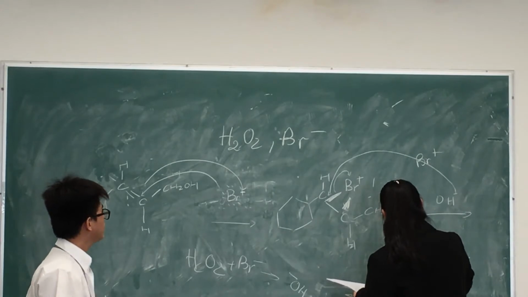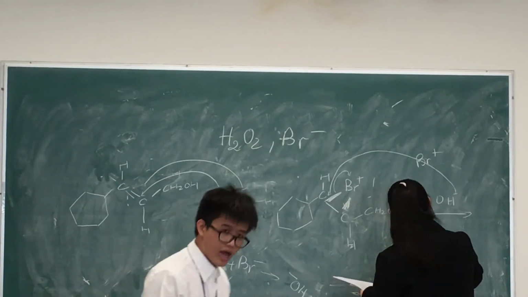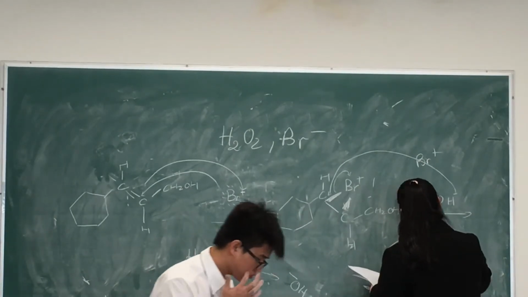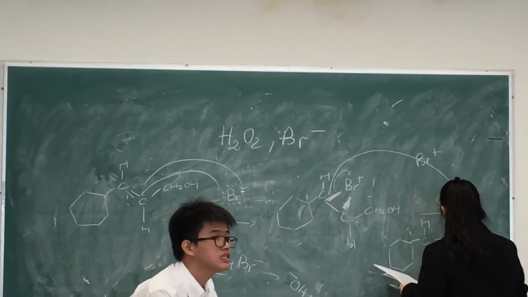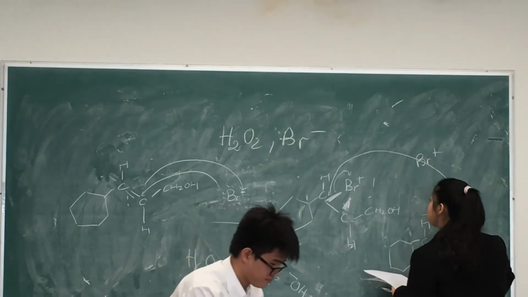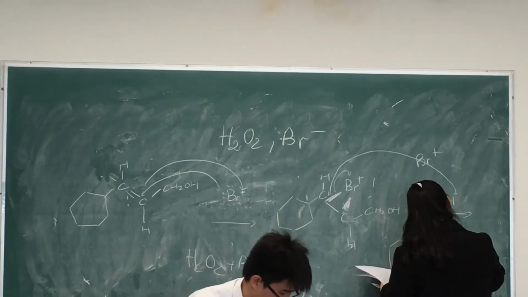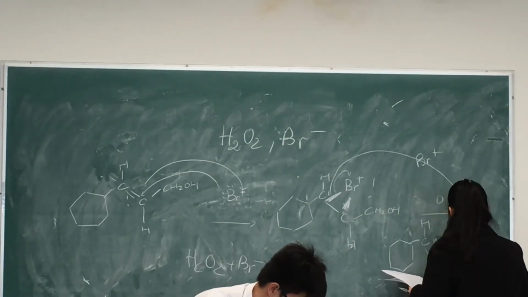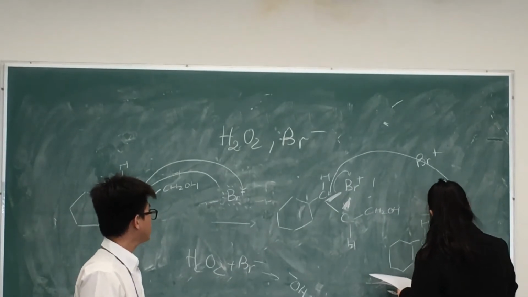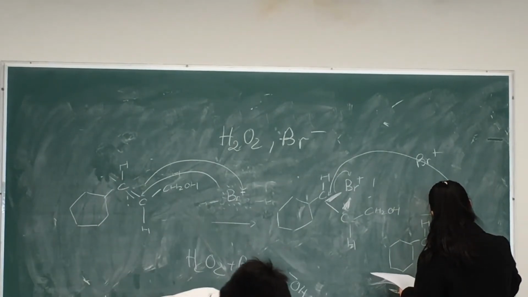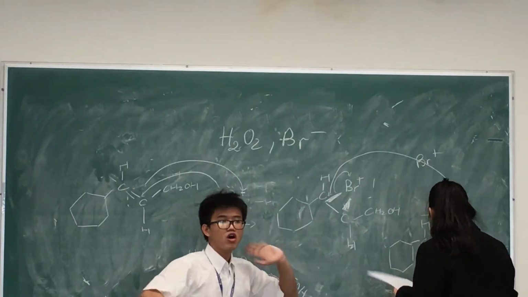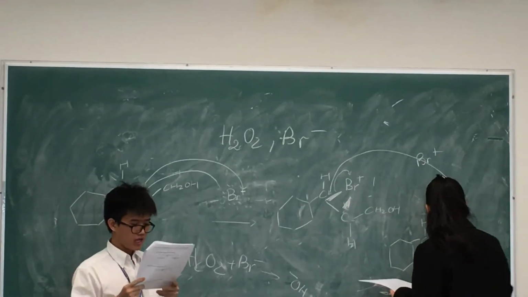Okay, good. And done. So I believe 80% of the class is now able to do the bromonium ions. Okay, good job. And remember, this one is a racemic reaction, so you will have both sides.